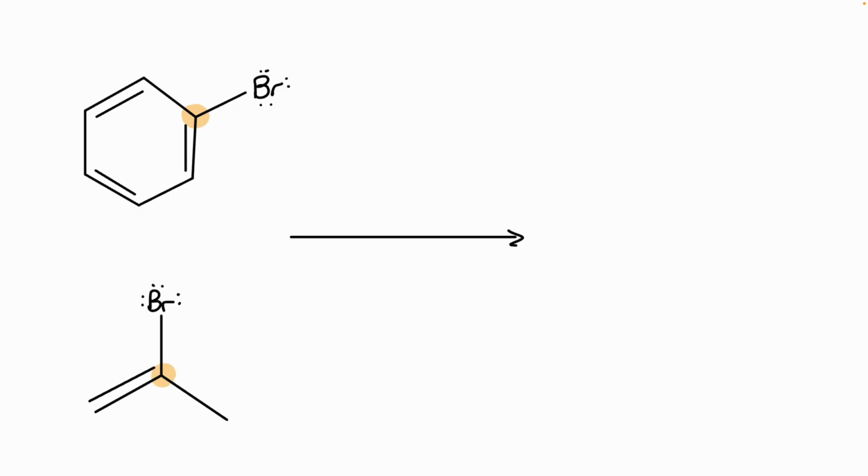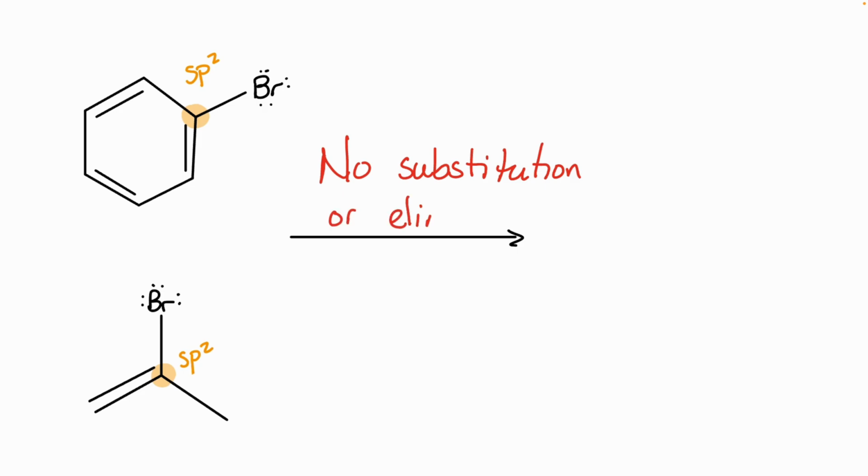So these are great examples here of molecules that have these sp2 hybridized carbons. My leaving group is on an sp2, and these you would see no substitution or elimination reactions. If it's an sp2 hybridized carbon, your leaving group will not leave.